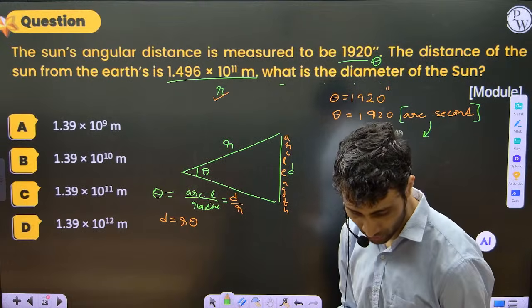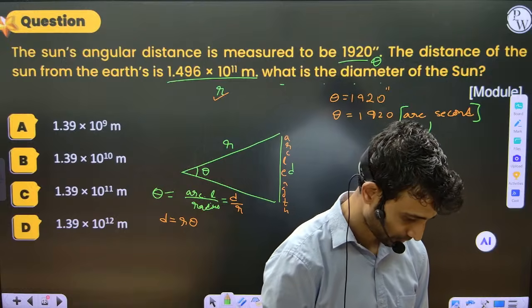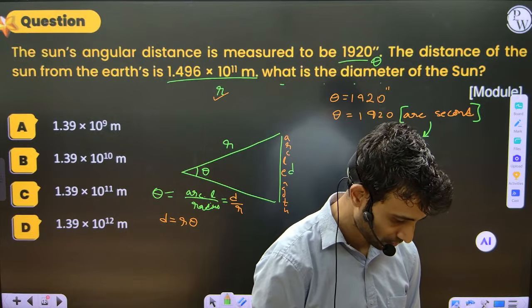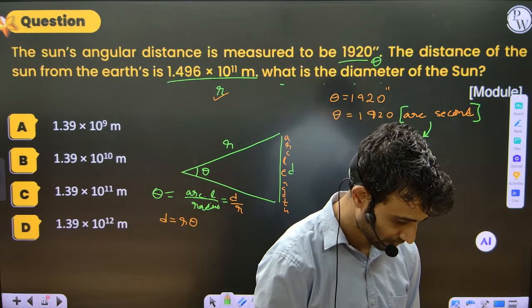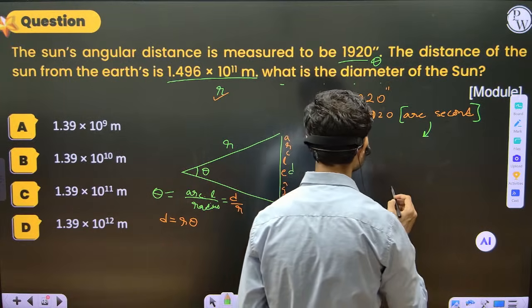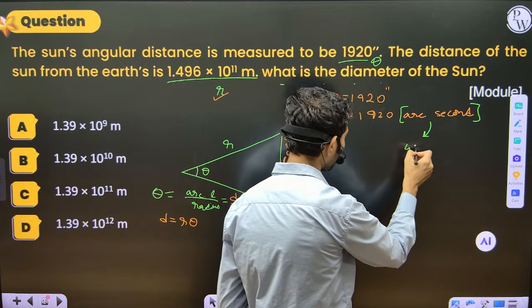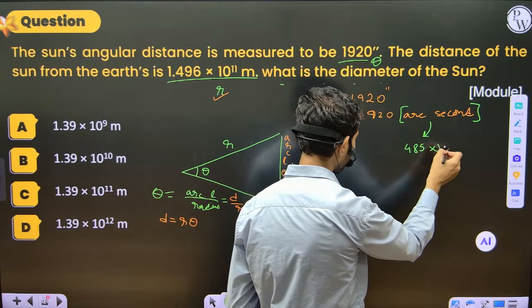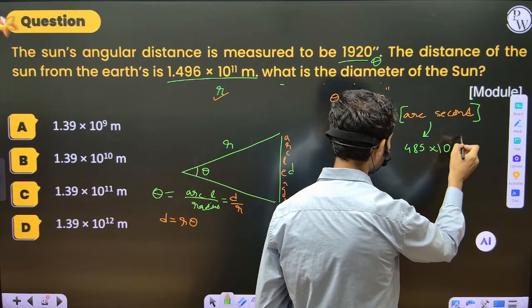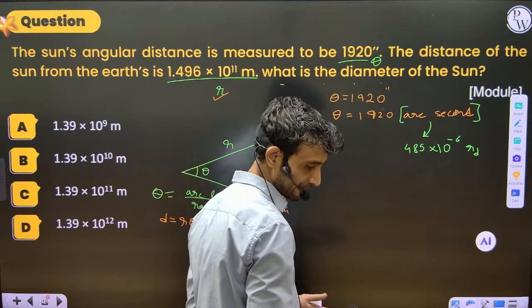So how much was 1 arc second? Yesterday we found out. So let's use that value. Yesterday we found out that 1 arc second is 485 into 10 raised to the power minus 6 radians. That's what we found out yesterday, right?